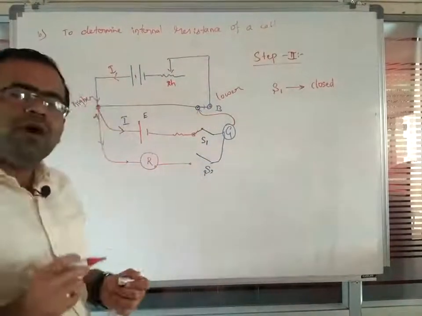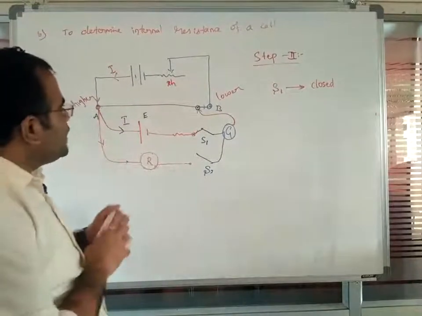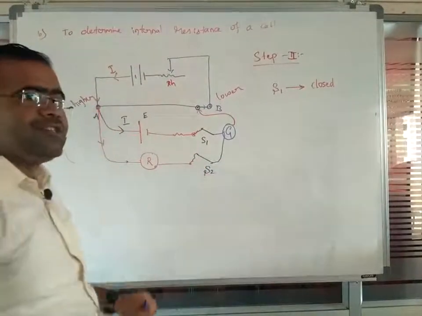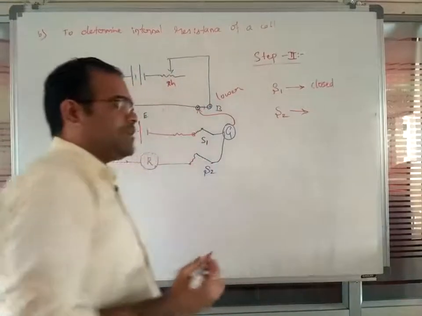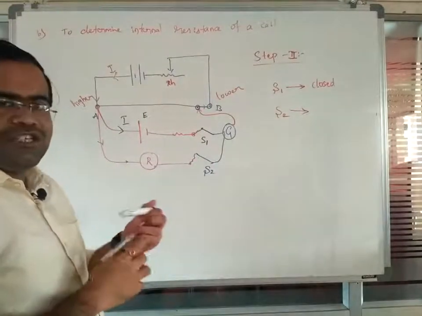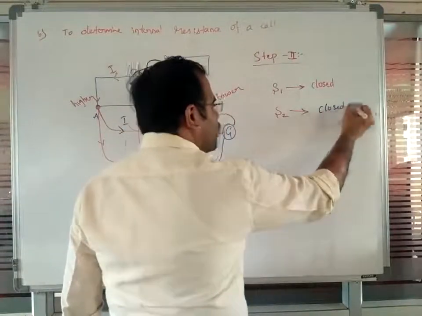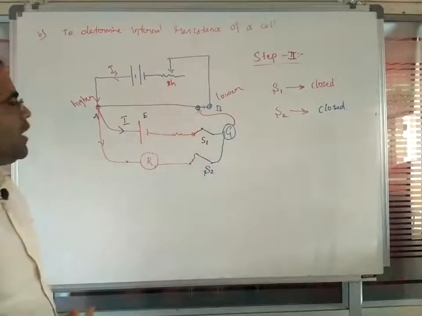Whenever switch S1 is closed, what about the S2 switch? The second switch, in the previous first step, was in the open condition, now it is closed. When both switches are closed, what happens?